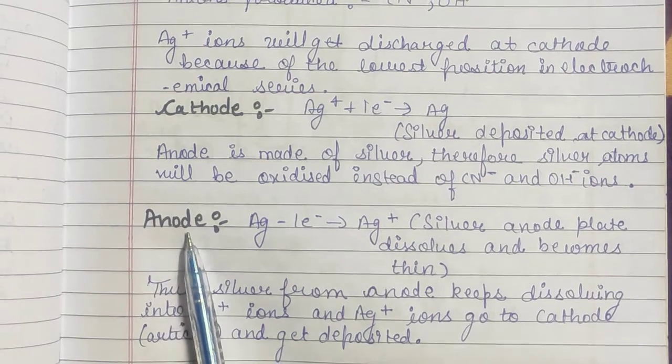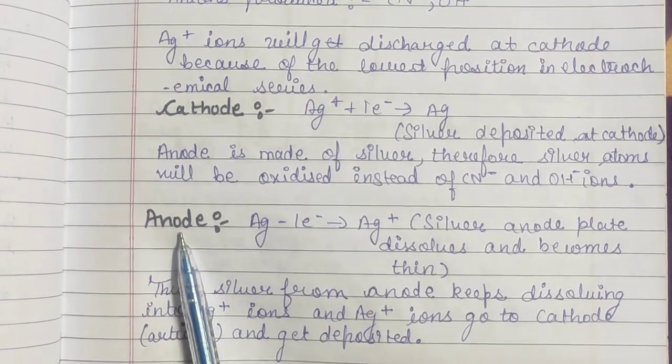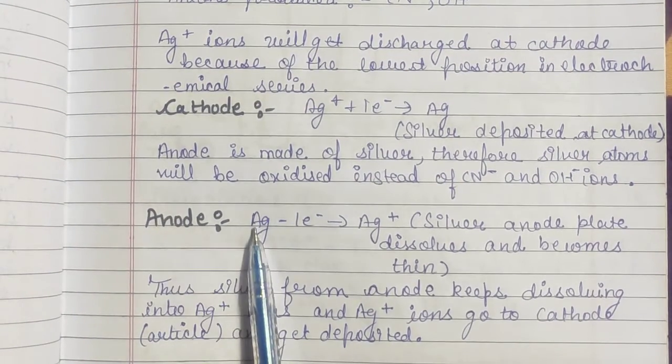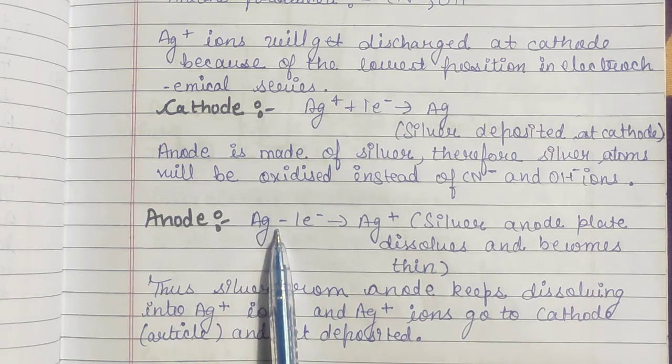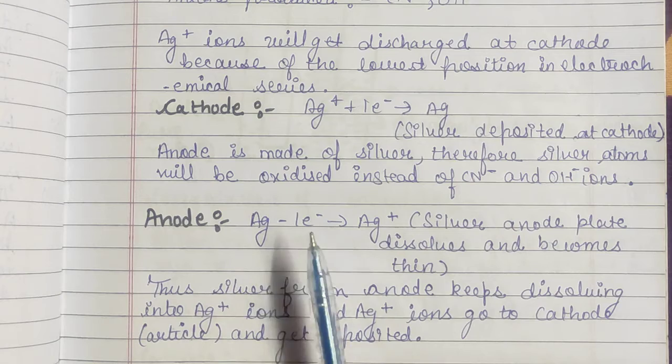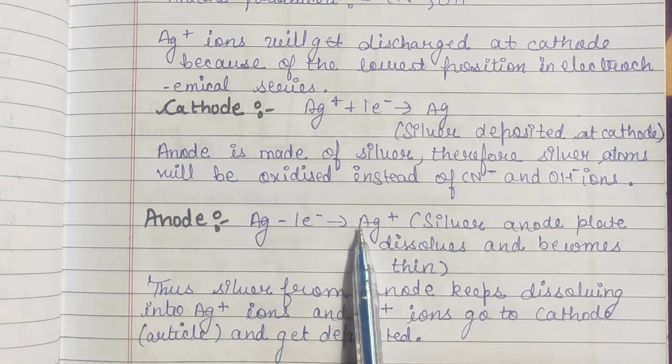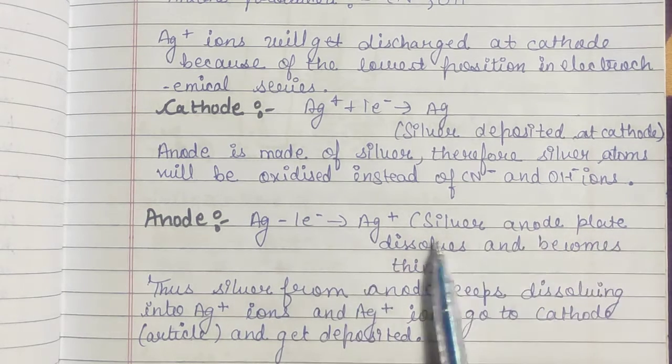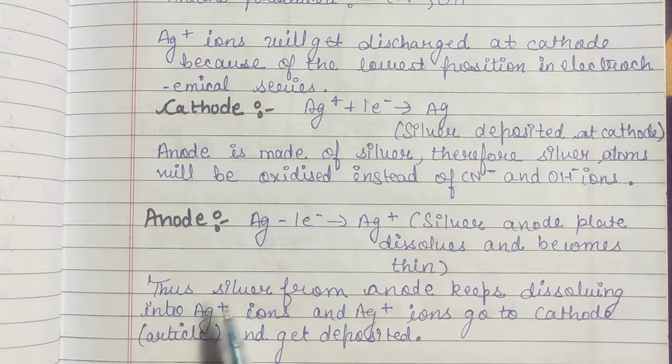Now if we talk about the anode, the anode will have the silver element, so it will lose one electron and become Ag+. So what does it mean? The silver anode plate dissolves and becomes thin. The silver from the anode keeps dissolving into Ag+ ions, and Ag+ ions go to the cathode article and get deposited.